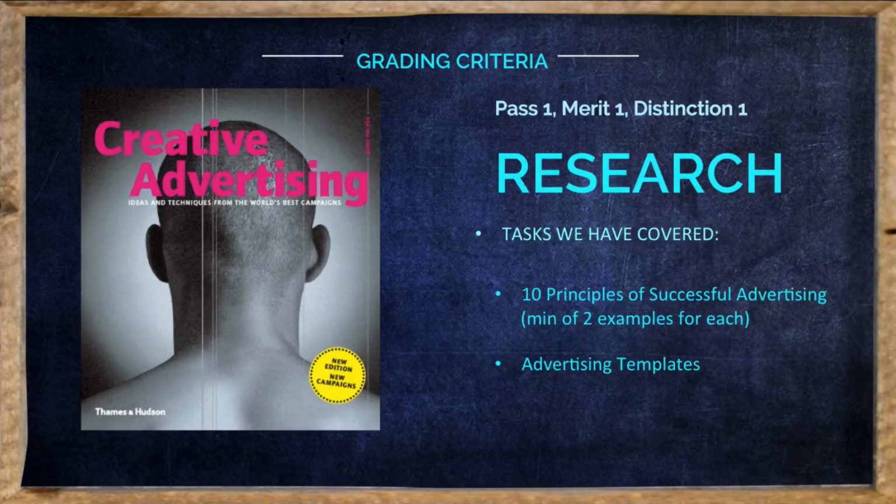We also looked at advertising templates, and there's 6 advertising templates, and again it was a minimum of 2 examples for each of those. So just from those you're going to have at least 20 examples of advertising. Now if you use your semiotics and your connotation and denotation while you're writing those, that's going to pick you up more marks and move you towards the distinction, as long as you've got a good final.